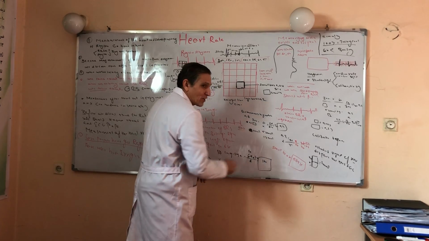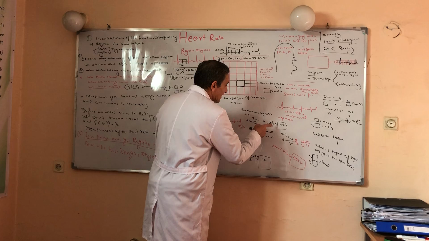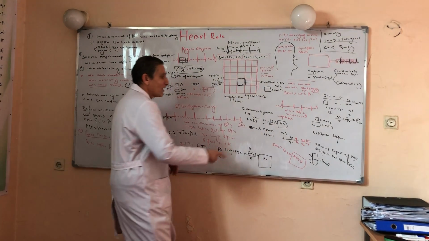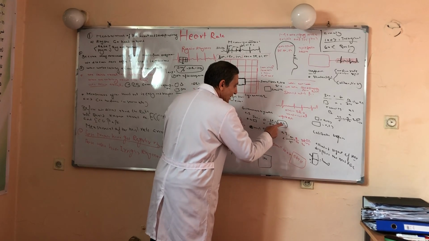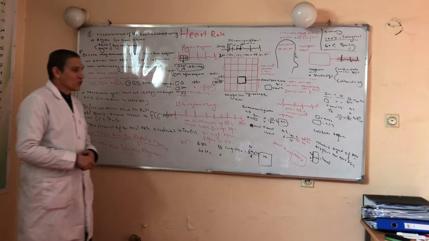For one large square, how much time is taken to move under the needle? It is x. x is equal to 60 divided by 300. So the duration of one large square is 0.2 seconds.